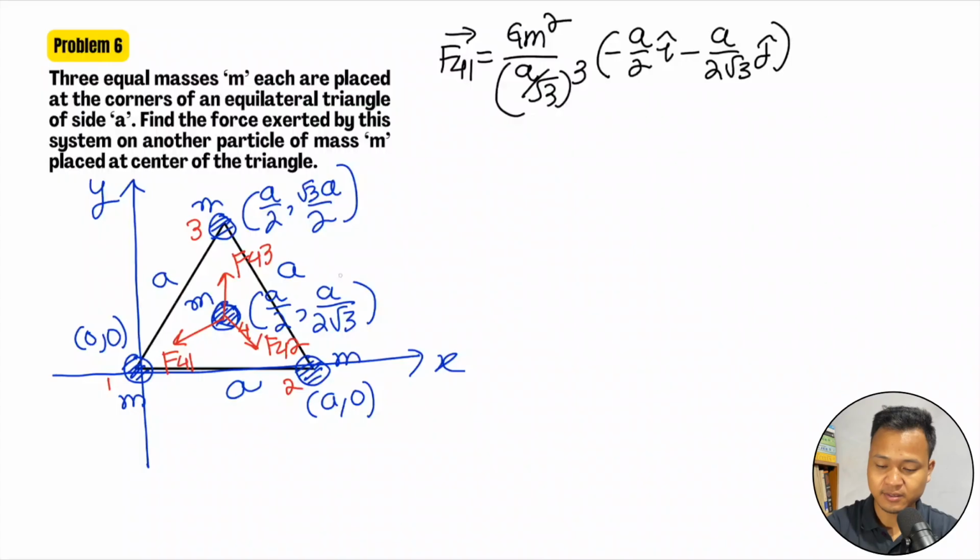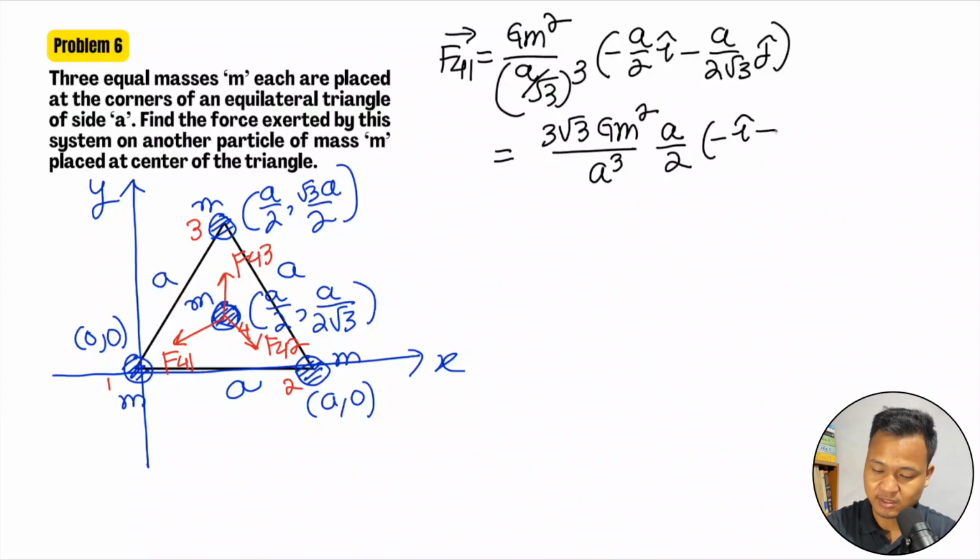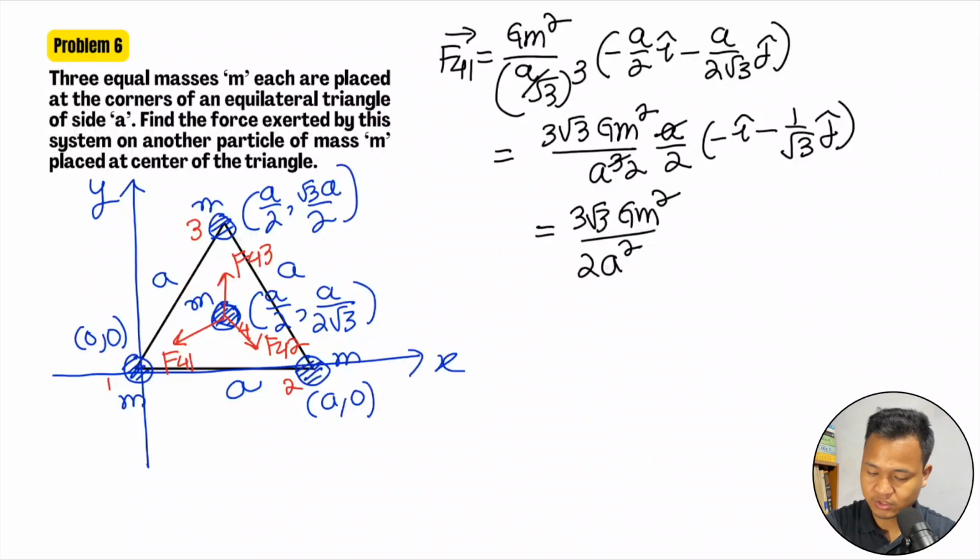So how much will you have here? 3 root 3 into m square divided by a cube, bracket a by 2 common, minus I minus 1 by root 3 z. Okay, so a gets cancelled out, so you have 3 root 3 m square divided by 2a square, minus I minus 1 by root 3 into z. This is the first force between 1 and 4.